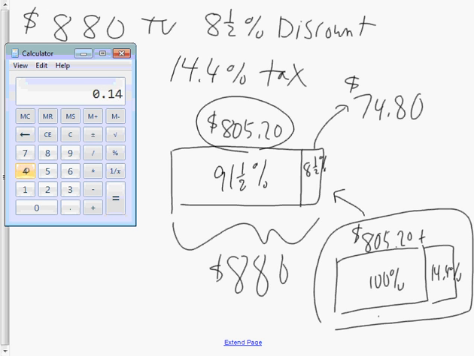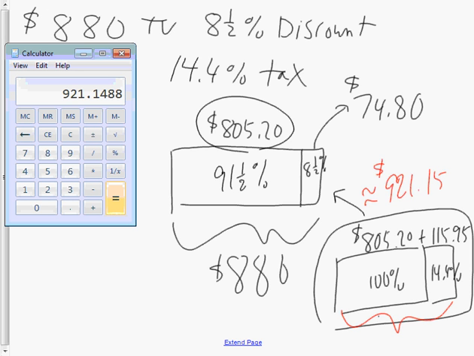So 14.4% of 805.20 is, so your tax will be $115.95. Add that on to your price of your TV, and your final price will be, in red, $921.15 approximately.